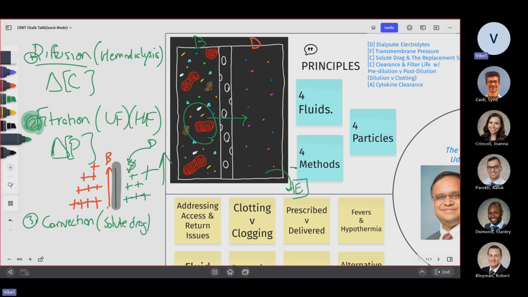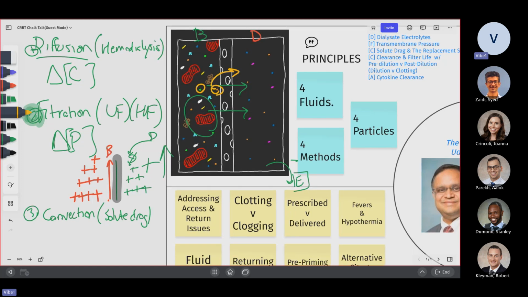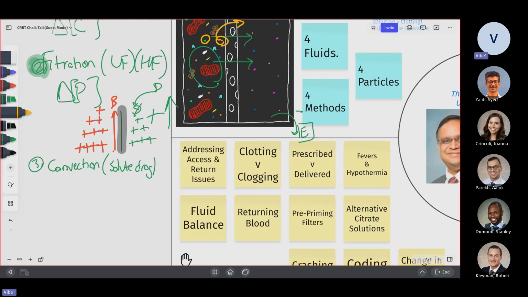When you have a high amount of filtration going on, so you see fluid moving from this side to this side, you'll also see that smaller solutes like electrolytes will be dragged across with the fluid. So you can get a good amount of volume to move across the membrane, and the solute is pretty much dragged with it. Things to keep in mind about solute drag is that because you're removing a lot of fluid out of the membrane, you have to eventually replace that fluid. That's where the next fluid comes in, and that's your replacement fluid.